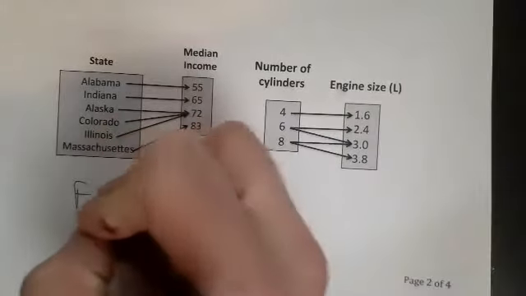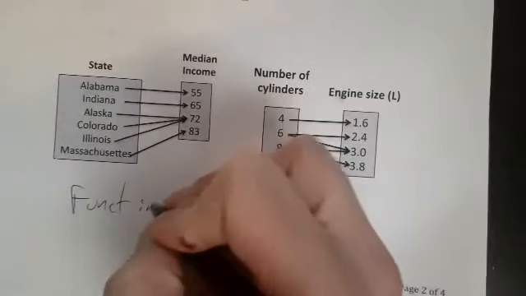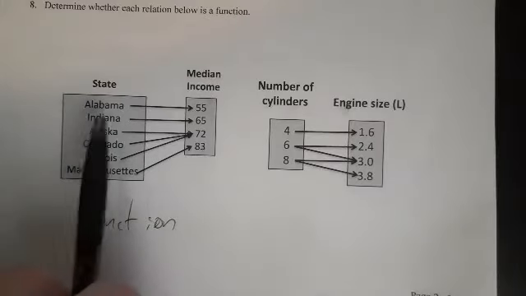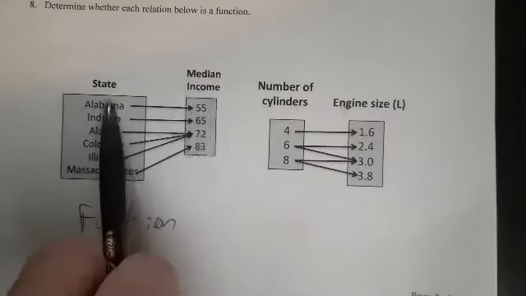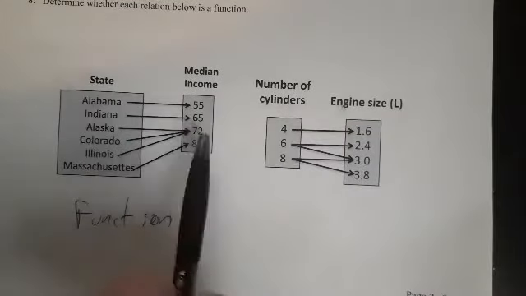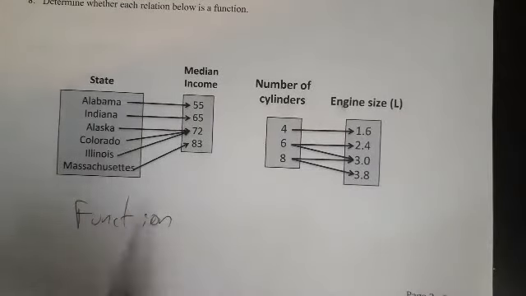And so this one, I can tell right away, is a function. If I look at each of my states, it is going to give me exactly one median income. And so that's following the definition.